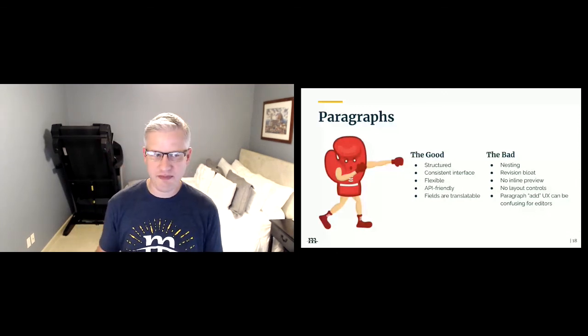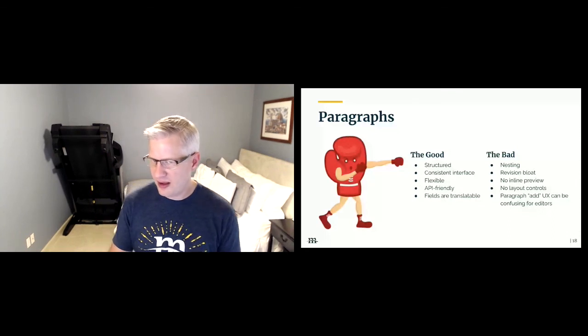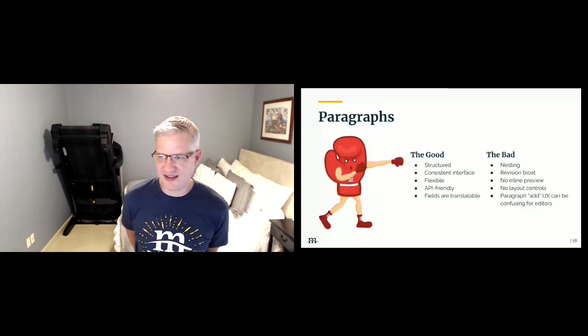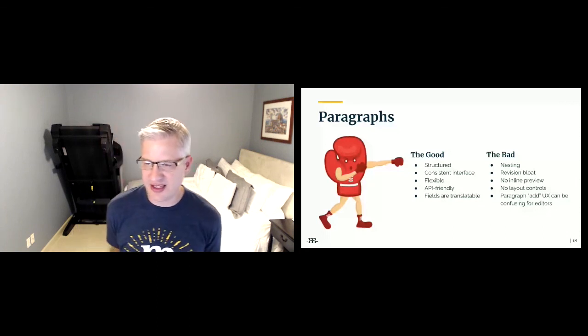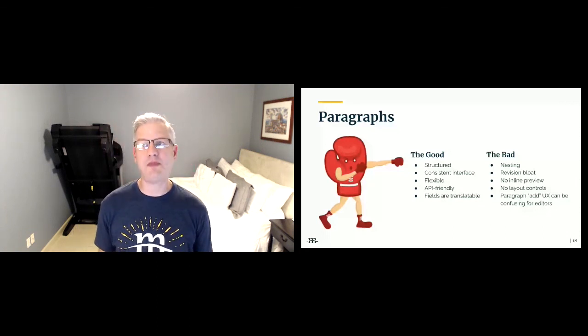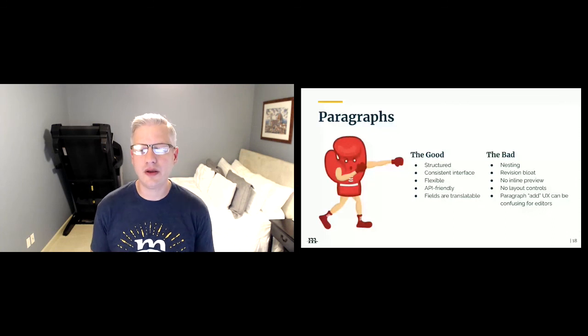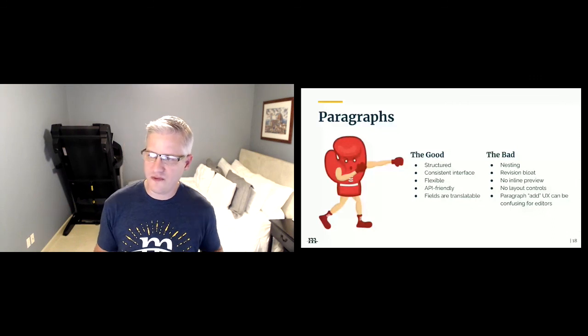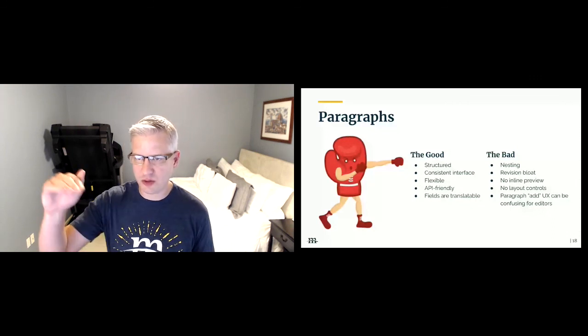What about the bad? So nesting is a problem. You can easily fall down a rabbit hole if you start nesting, or just at least create terrible UX. So what happens is that you're looking at a design trying to define a structure, and you find yourself needing to have multiple layers of paragraphs.